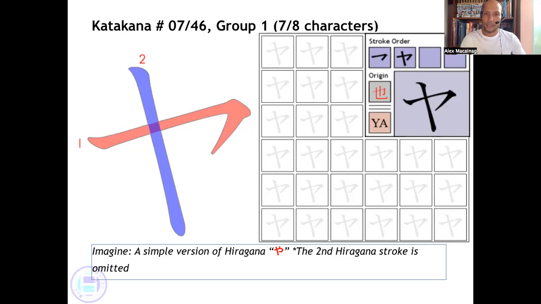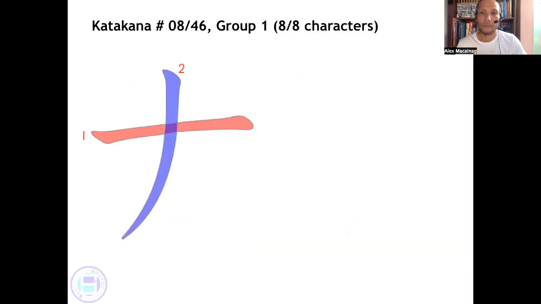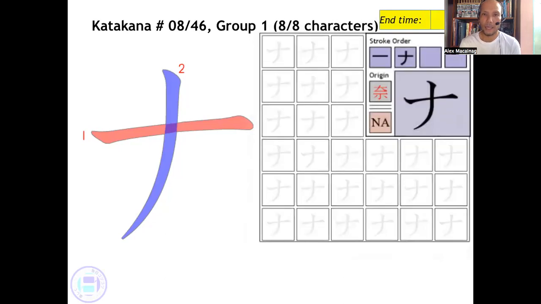Okay, let's go to the last character for group 1. Sozo shite kudasai. Please use your imagination. What do you see? So this is katakana na.